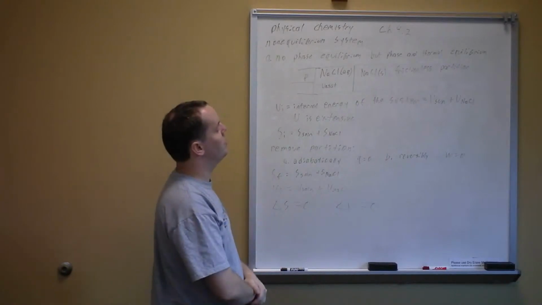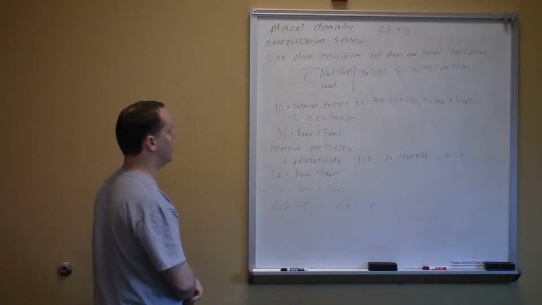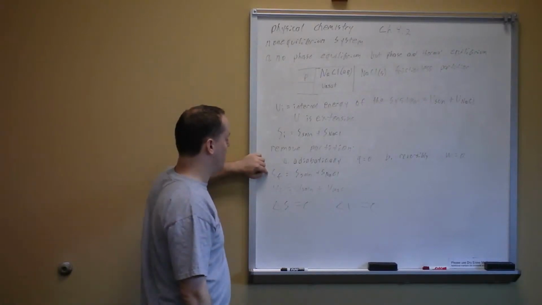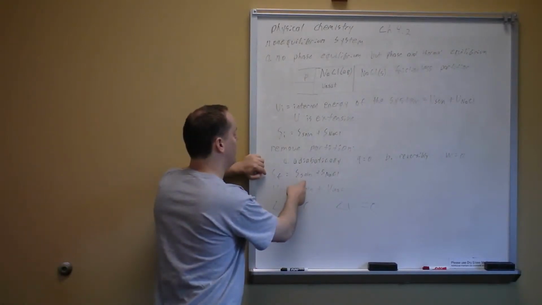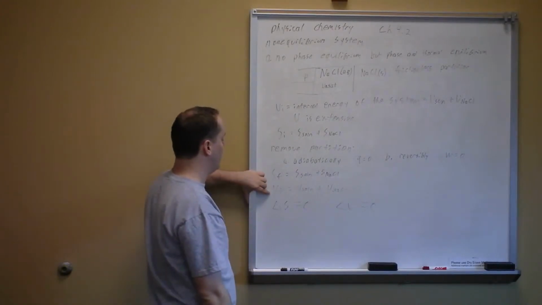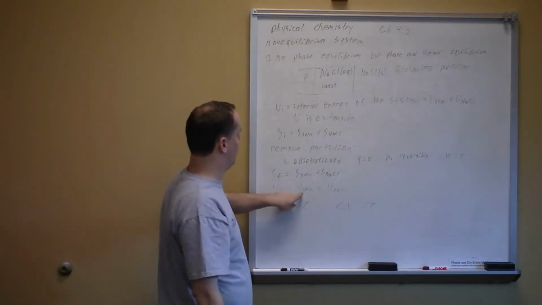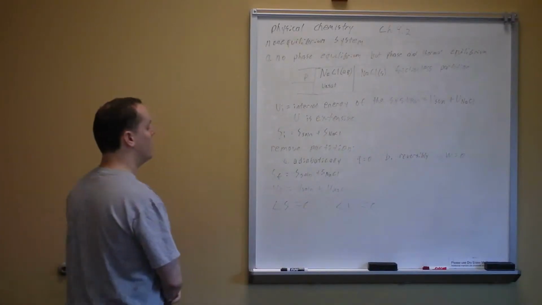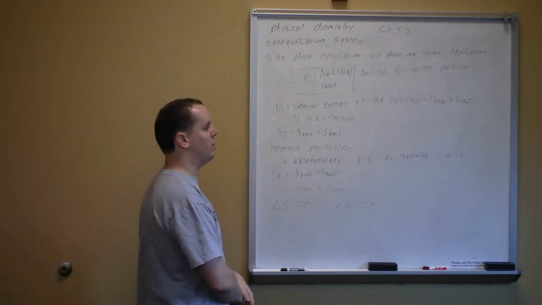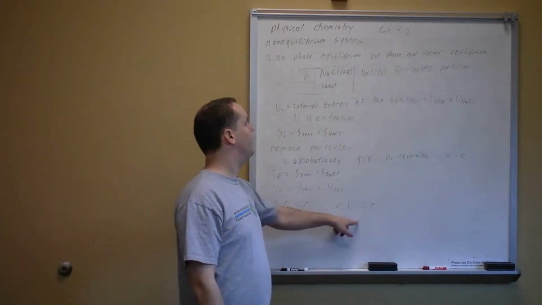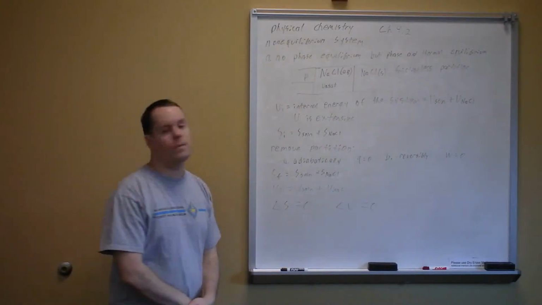We're going to do this reversibly, and our work is going to be equal to 0. Therefore, our final entropy is going to be the entropy of the solution plus the entropy of the NaCl. And the final internal energy is going to be equal to the internal energy of the solution plus the NaCl. In other words, because Q is 0 and W is 0, then delta S is going to be equal to 0, and delta U is going to be equal to 0.